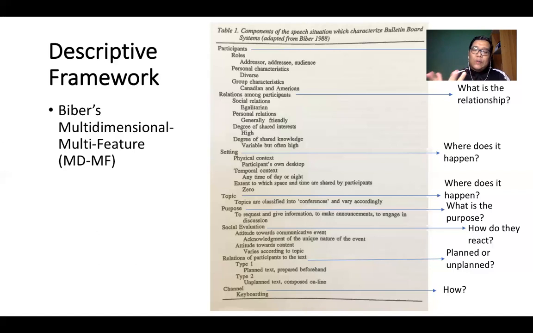You could also look at the setting. Where does it happen? Is it in terms of physical context? You could look at whether or not it's using the participant's own desktop. What's the temporal context? Any time of day or night? Because, for example, you might see that one participant is not that active, and it's already nighttime.